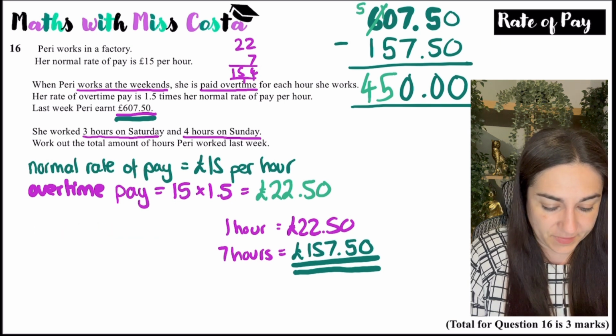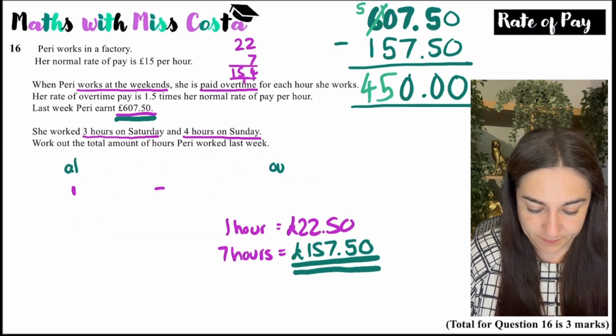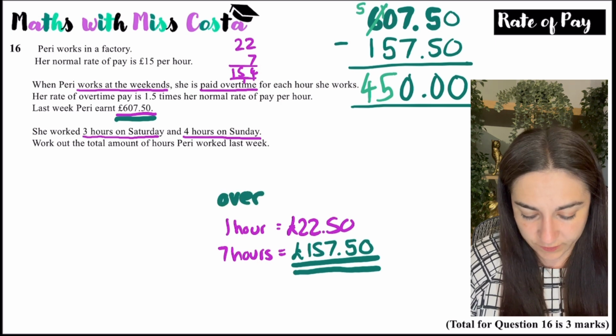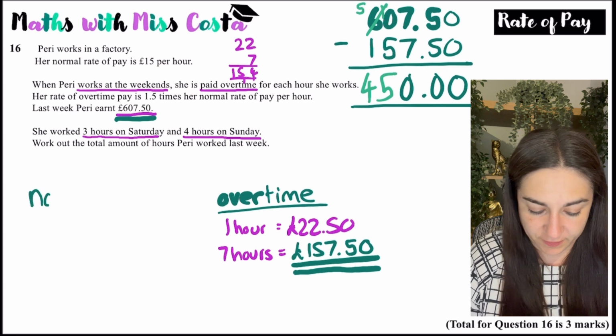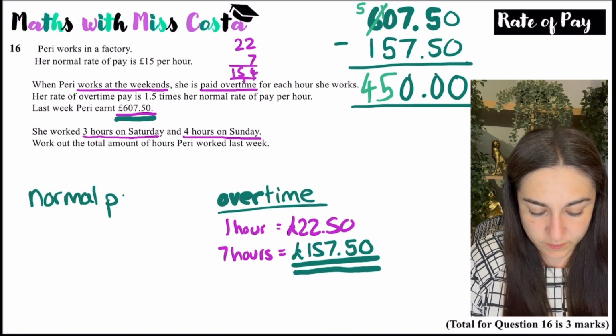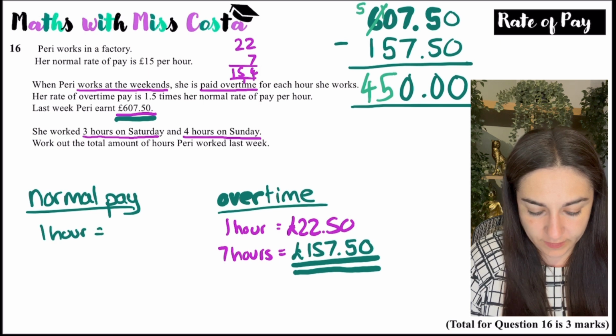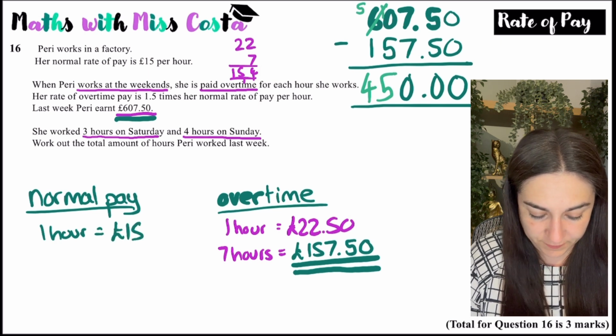So let's just make this a little bit simpler. I know that for her overtime, 1 hour of overtime is £22.50. For normal pay, 1 hour is £15.